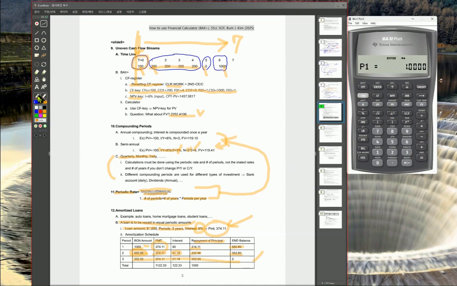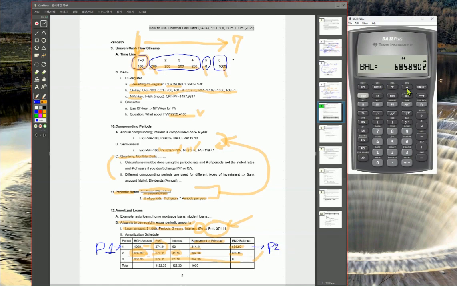Be careful of P1. Okay, P1 is the starting point. Then you enter 1, even though it's already 1. Go down to P2. P2 is the ending point. Suppose starting at the first period and ending at the end of the first period, then P2 is also 1.